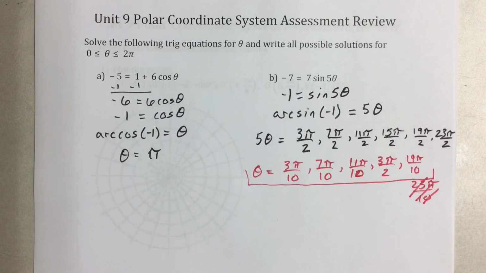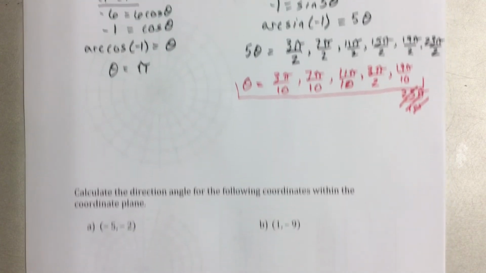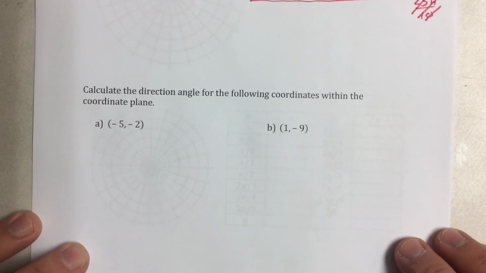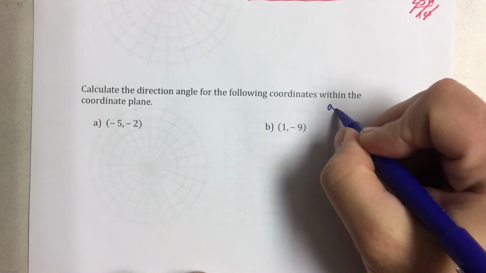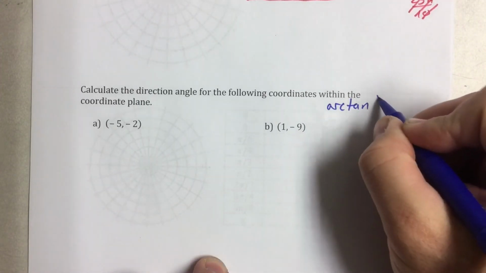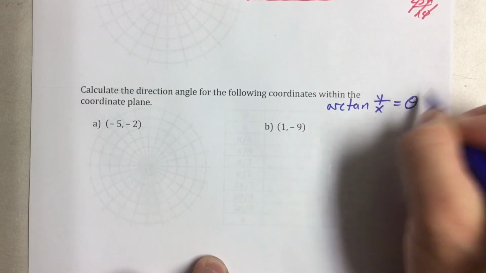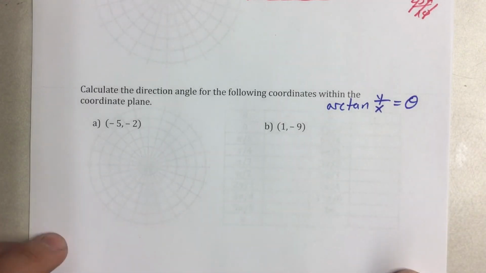Okay? So moving on. The last piece of this skill review is, given a coordinate, find the direction angle. So the direction angles we use when we convert coordinates in rectangular to polar. There is a formula we use to do this, to find the direction angle. It is the arctangent of y over x equals theta. So we just do that.